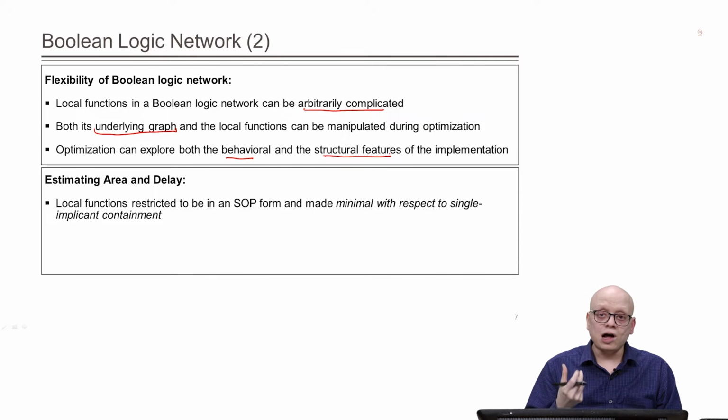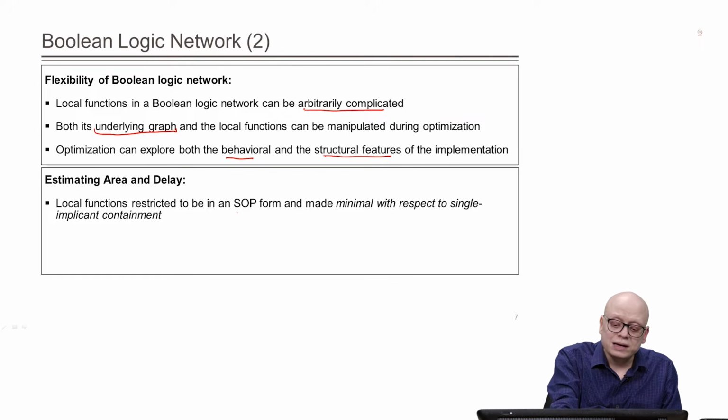Now, to allow easy measurement of the area and delay of a Boolean logic network, we apply some constraints. We say that for the local function, we restrict it to be an SOP expression, sum of product only.